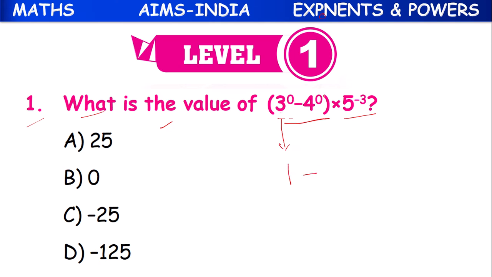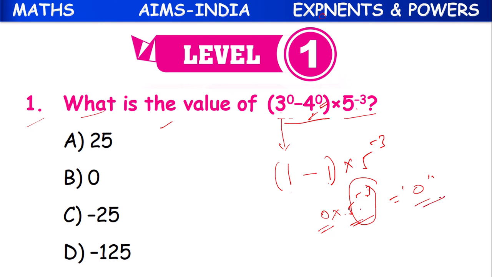So (1 minus 1) into 5 to the power of minus 3. 1 minus 1 is 0, and 0 into any number will always be 0. So there is no need to simplify 5 to the power of minus 3. 0 into 5 to the power of minus 3 will always become 0. So B option is the correct answer.